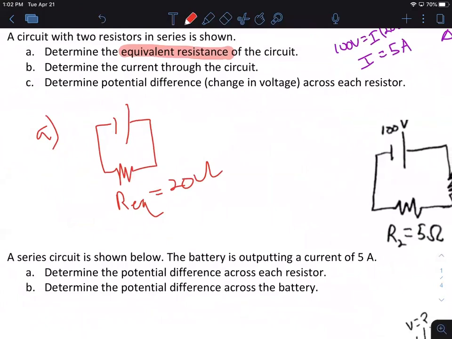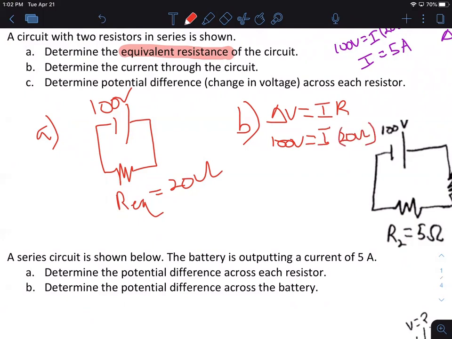From there, it's easy to use that to find the current. If I have 100 volts, that means the resistor has to lose 100 volts. So 100 volts equals I times 20 ohms.